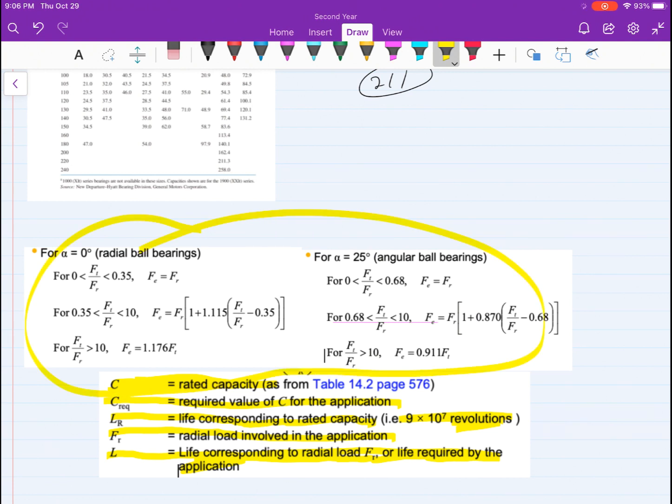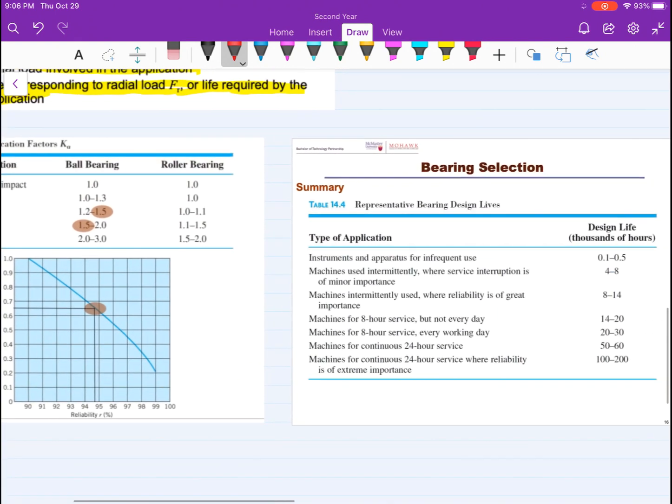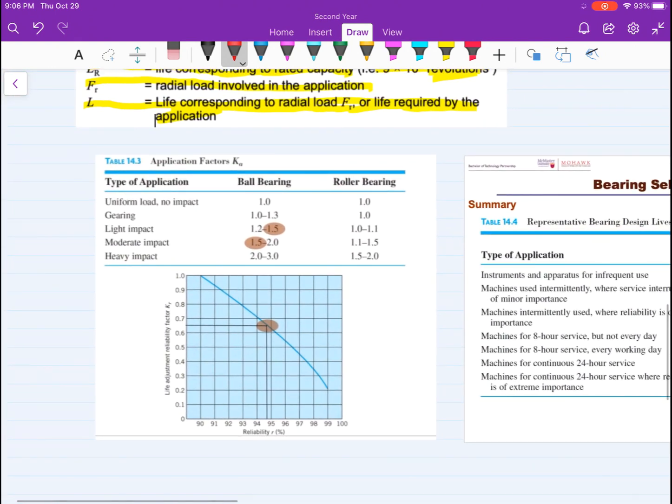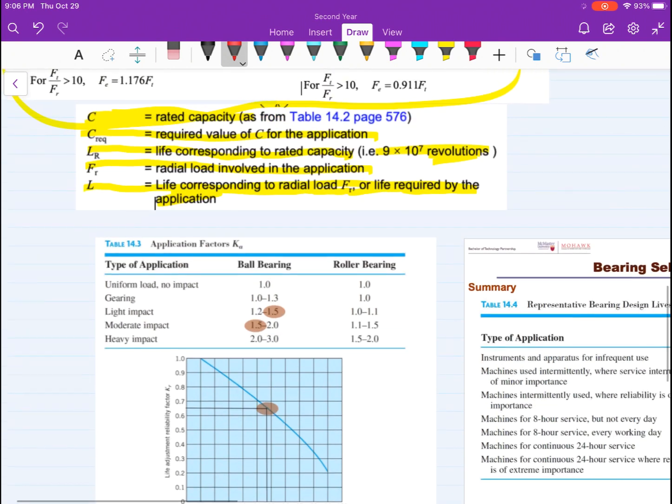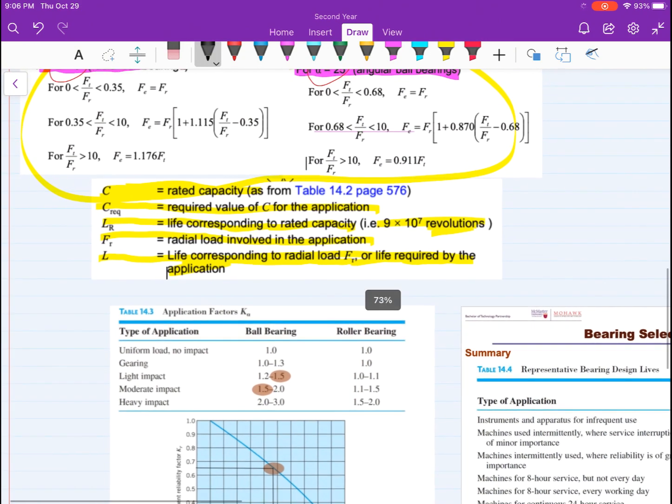And these are the two different sets of equations. We have the radial bearings, and for angular bearings, where alpha is equal to 25, and here it's 0, as I talked about previously. The last two things we're going to talk about are the application for Ka.